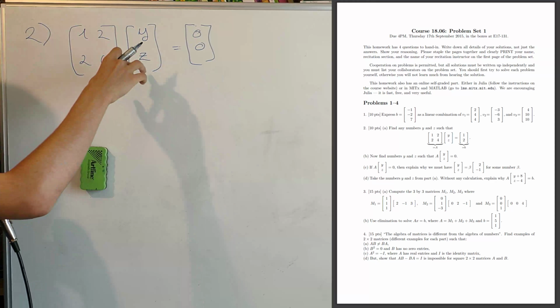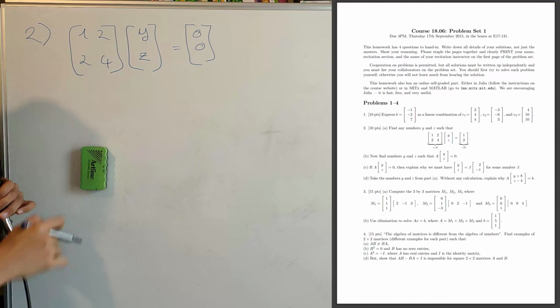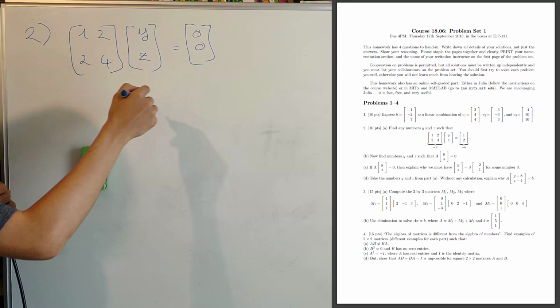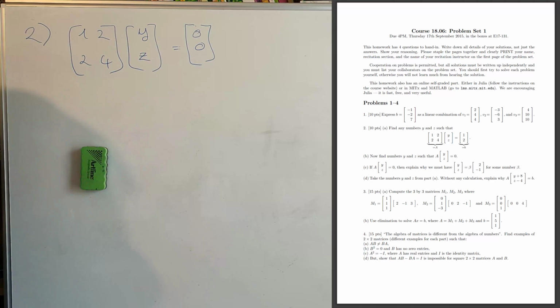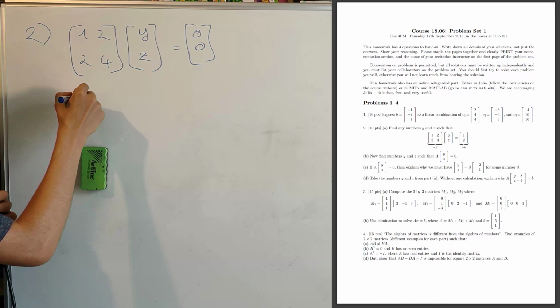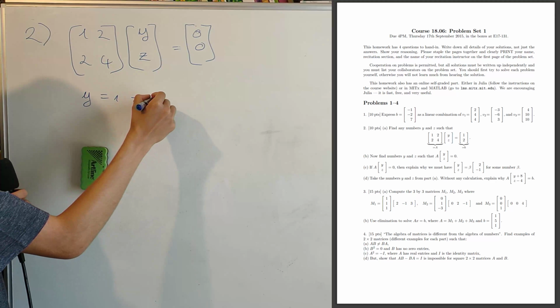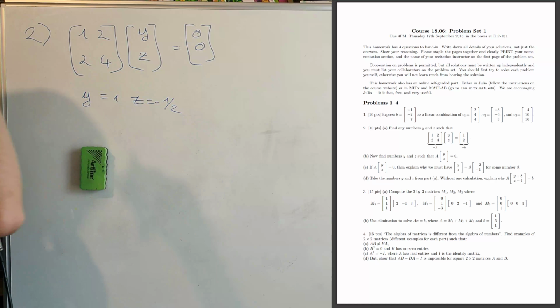Z is not 2 times y, but what we could do is set z as minus 1/2. So y equals 1, z equals minus 1/2. And this should work. And then we could just multiply this by a number.